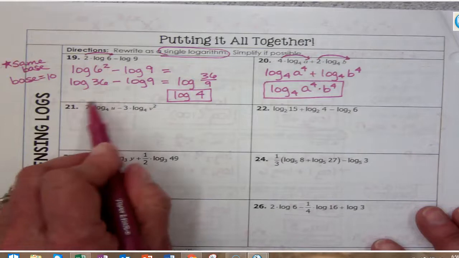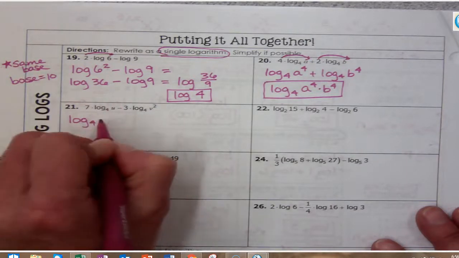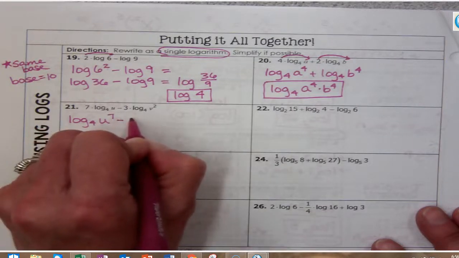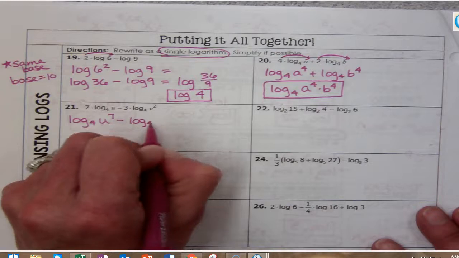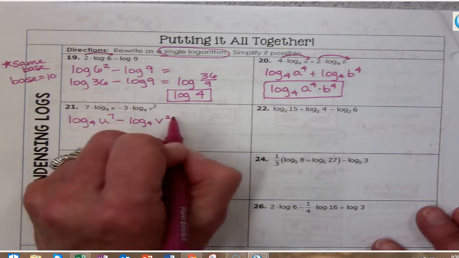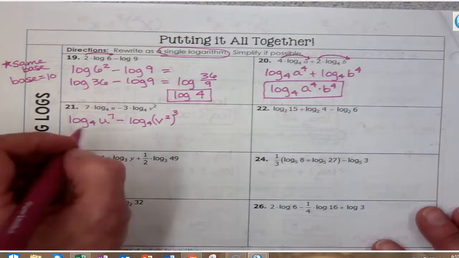Here we go with this one. Now I'm going to again move my 7 in front. Log base 4 of u to the 7th power minus log base 4 of v squared, and now I've got to raise that to the 3rd power. What do I do when I raise an exponent to an exponent?